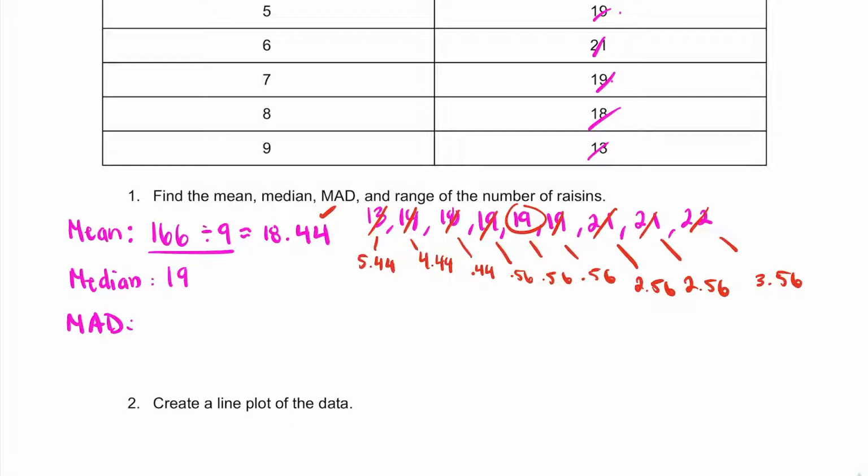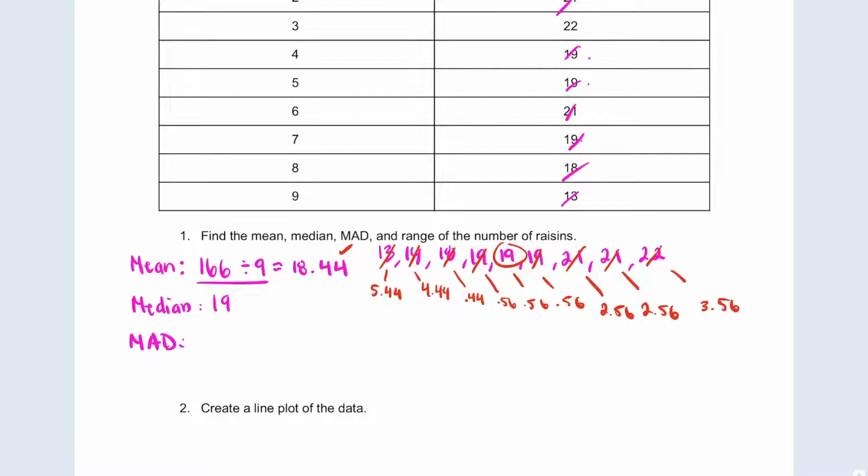So 5.44 plus 4.44 plus 0.44 plus 0.56 plus 0.56 plus 0.56 plus 2.56 plus another 2.56 plus a final 3.56. There we go. We have a total of 20.68.